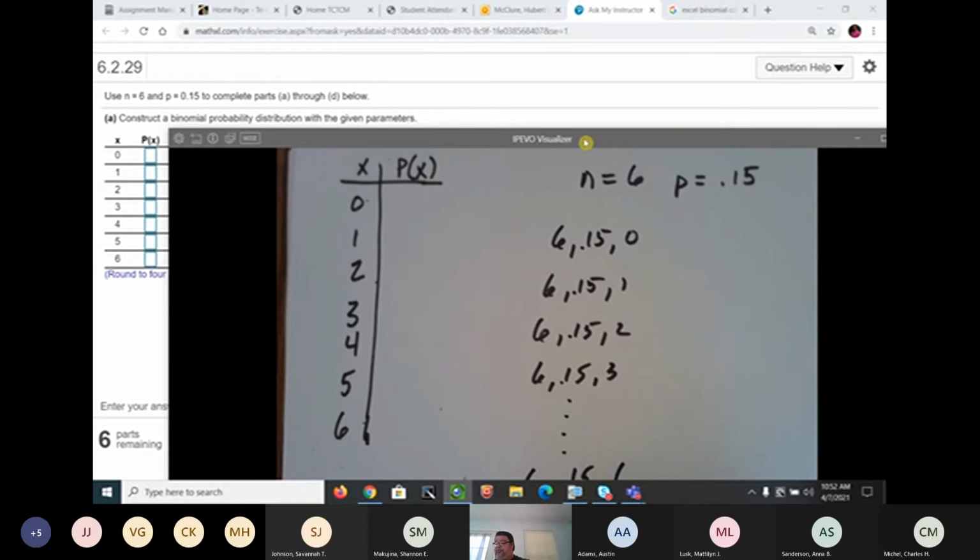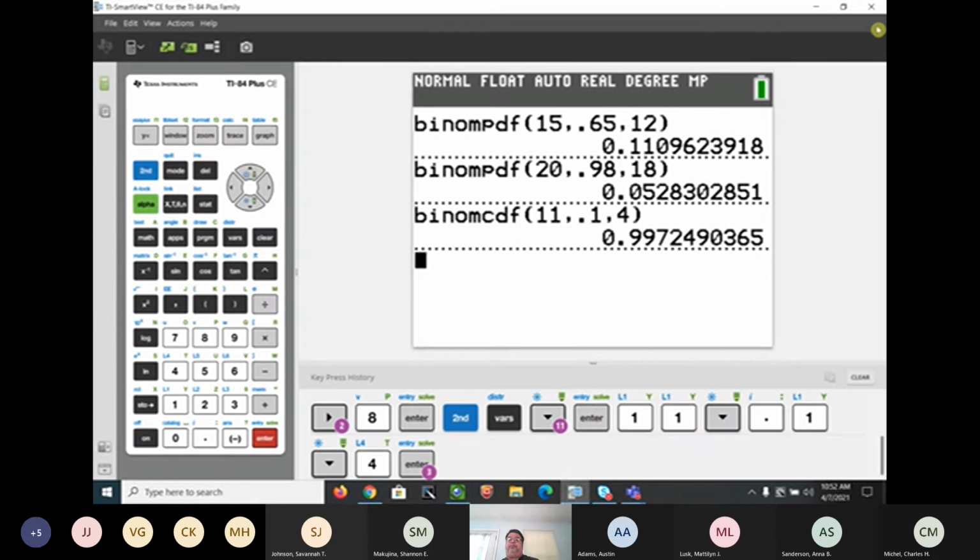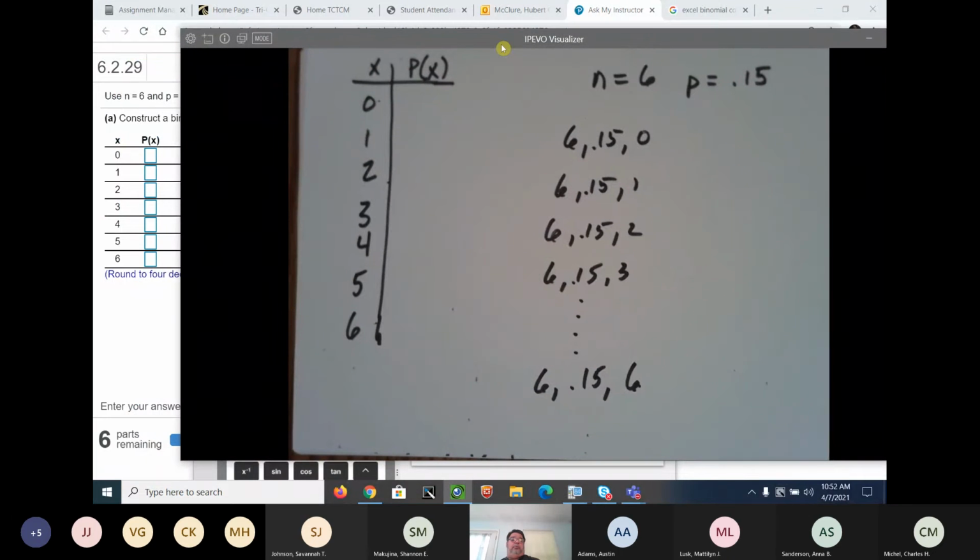Now I'm going to do the first and the last one, and I'm going to let y'all fill in the middle. Okay, so y'all go ahead and be working on the middle, and I'll work on the first and the last one. So you got to use PDF because you're not doing an inequality.